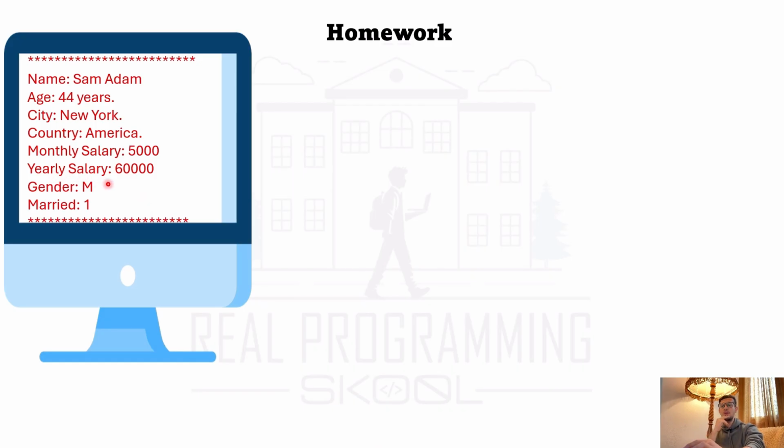I don't want you to create a variable for yearly salary. I want you to do the calculation to give me the result of the yearly salary, all right? And gender, I'm married, and whether married or not, you will use it as a boolean: 1 true and 0 false. All right, you should already know how to do this.